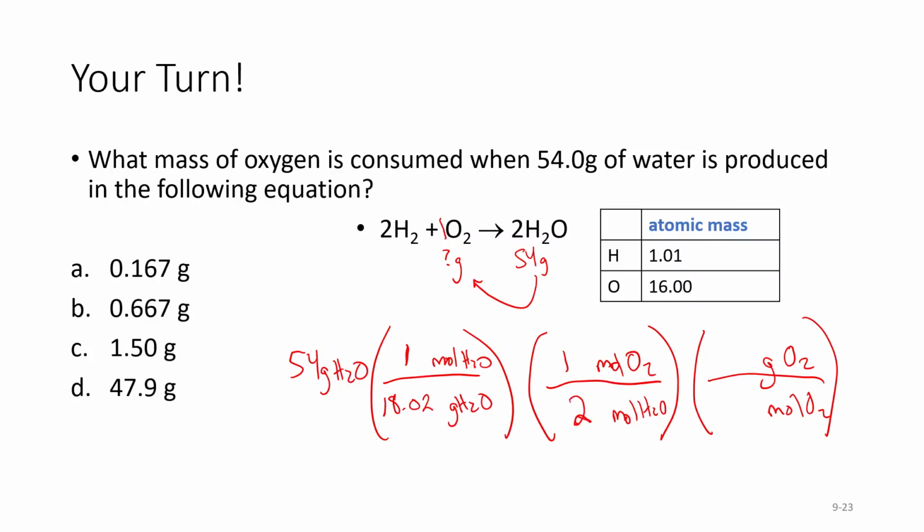Now over here, we're going to use 1 mole is equal to the mass from the periodic table. So 32 grams is 16 times 2. Now we're going to multiply across the top and divide away the bottom. 47.9.